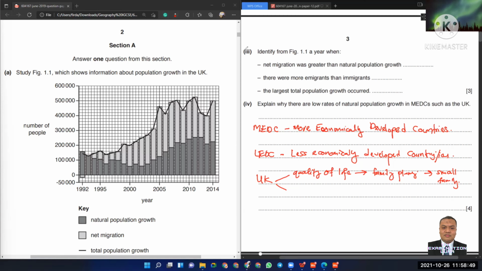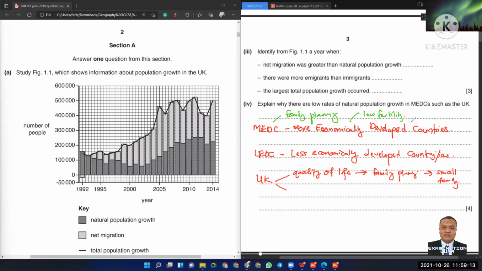Okay, therefore, let's sum it up. As you can see here, the MEDCs, number one, have very careful family planning. Number two, low fertility rate. Low fertility rate means that the woman will get married later in life, affecting their fertility rate, or they don't get married at all.